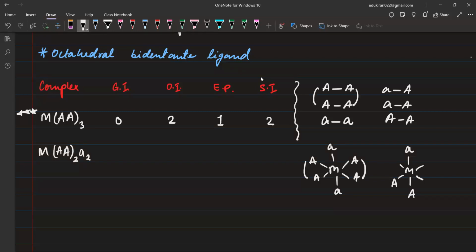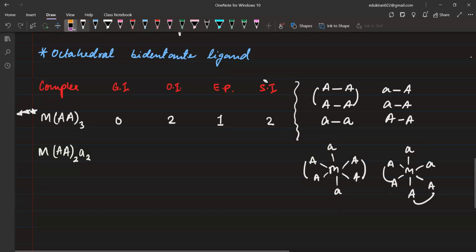A should be together, right? I think this is fine, right? Small A next to larger A. Now what are the bidentate ligands? We will mark that. So these two are together at 90 degrees. These two are together at 90 degrees. Right? So these are the two structures.